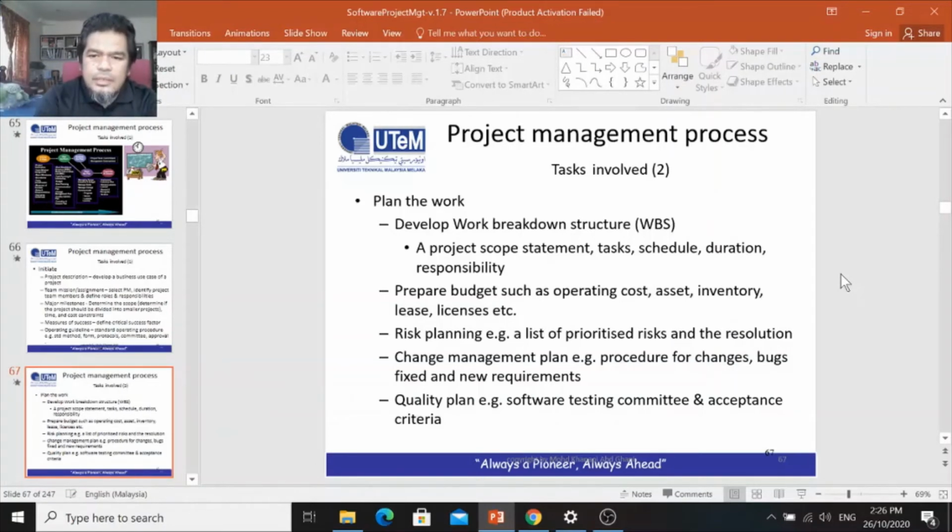You need to share it with everyone so that they are also aware of the schedule of the projects. You also need to prepare the budget, such as operating cost, asset, inventory, and risk planning: what is the risk, hazard, and so on.